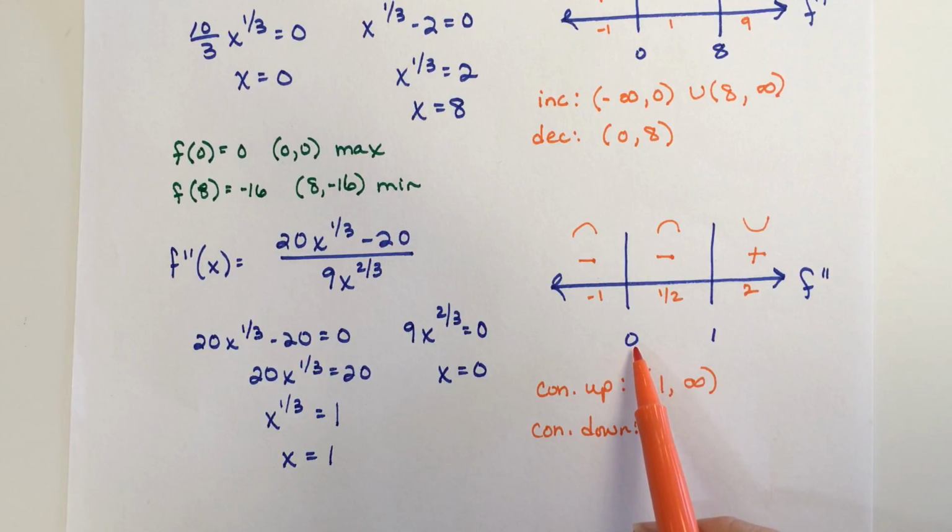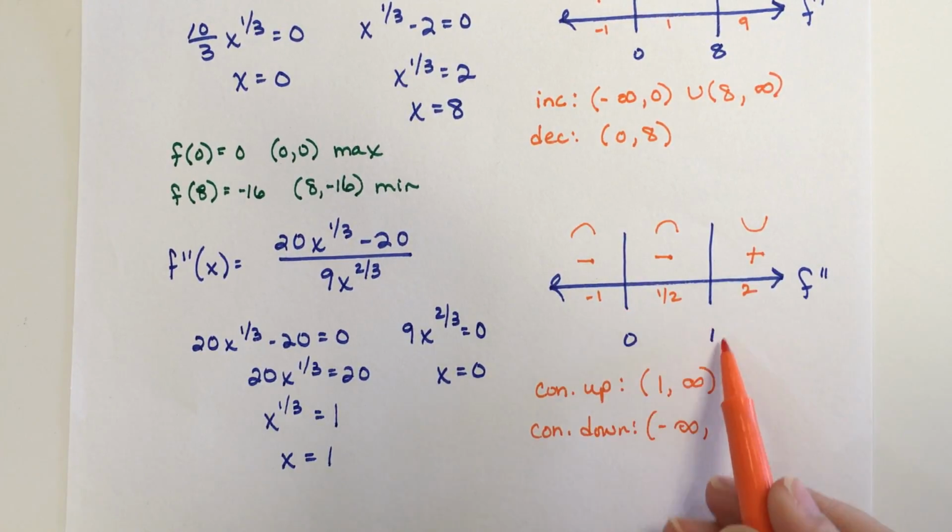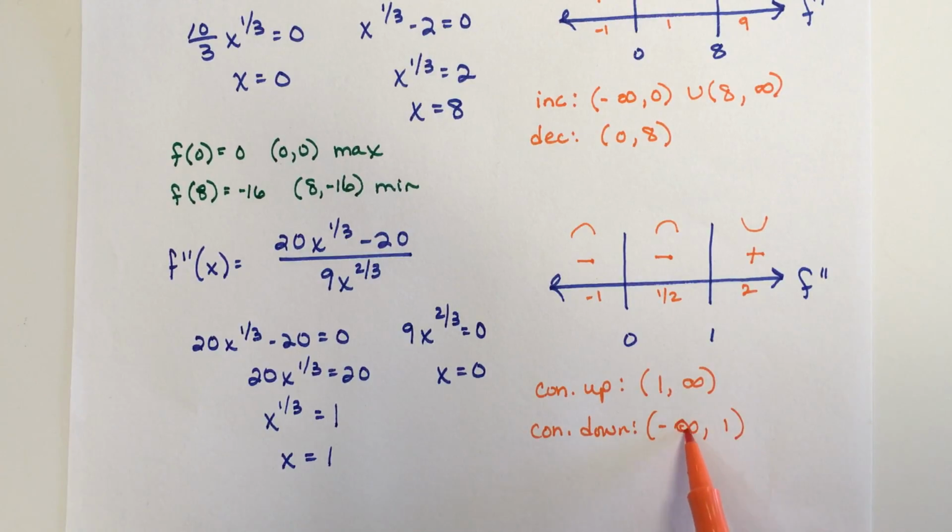Since my domain was all real numbers, that means that 0 can be included. Therefore, I would have concave down from -infinity all the way to +1. Now, I would have to leave it separate intervals if the 0 had to be excluded from my domain, okay?